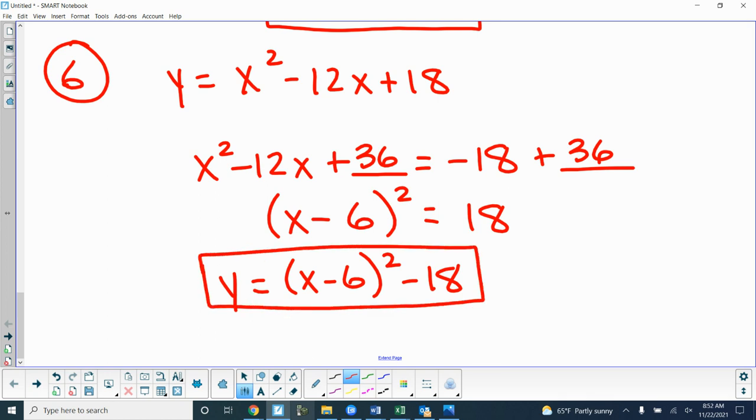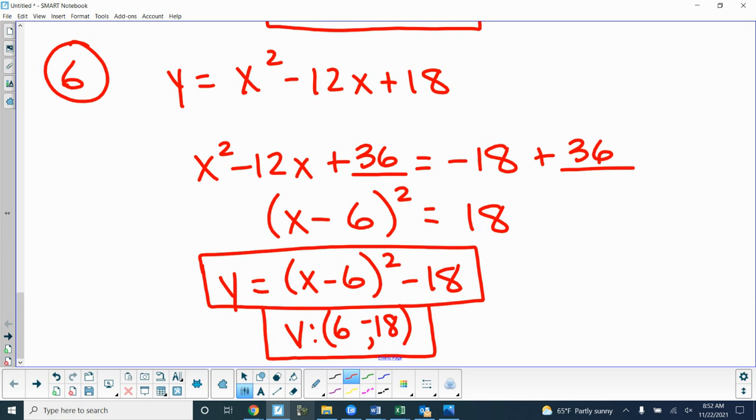So there's our vertex form. Caitlin, what's my vertex? 6, negative 18. Thank you. Any questions on 5 and 6? We got those now. Some of you were struggling with those two. Good? Okay.